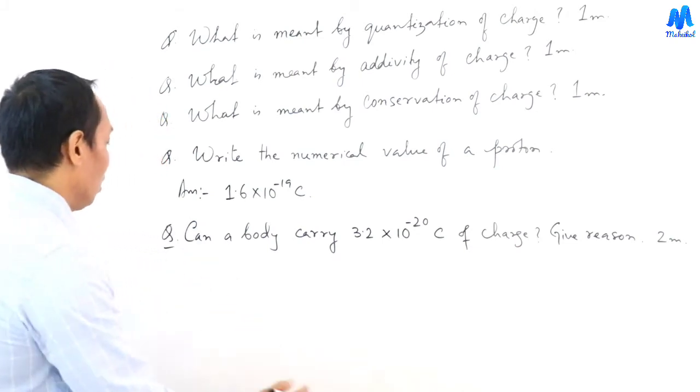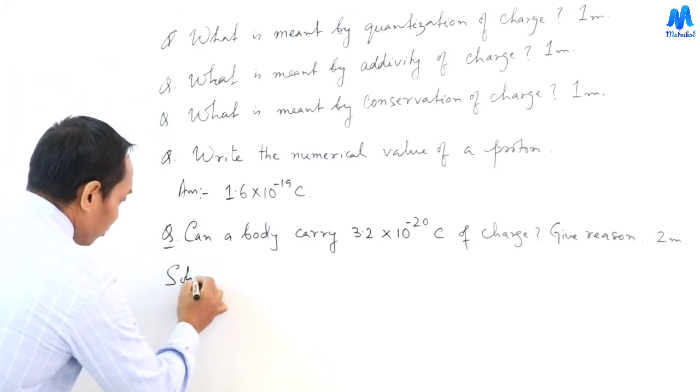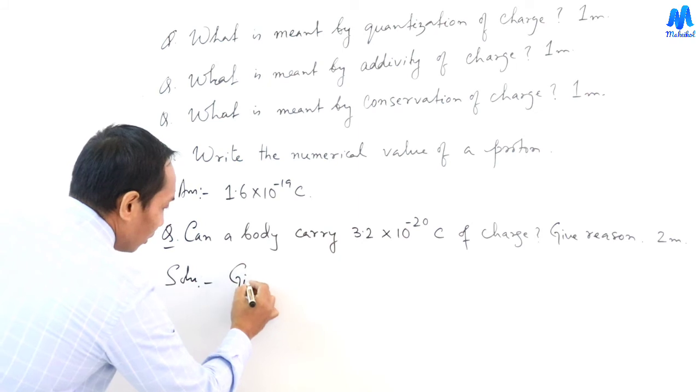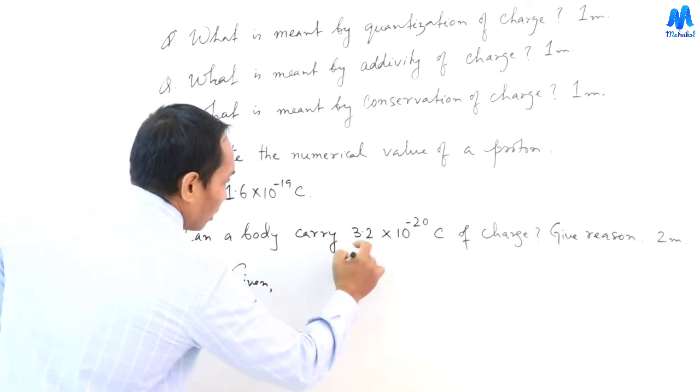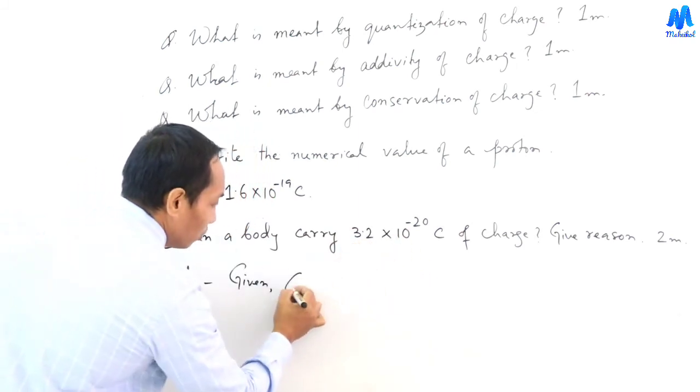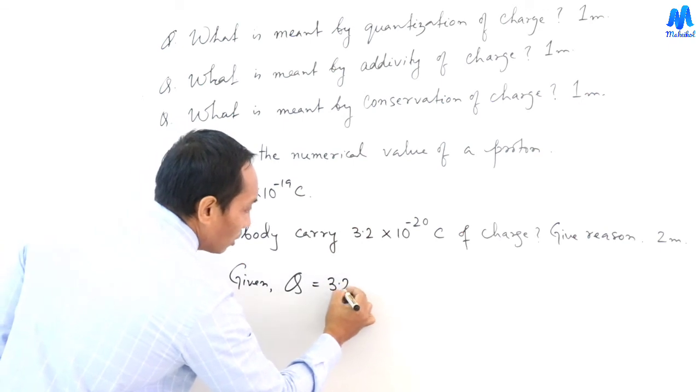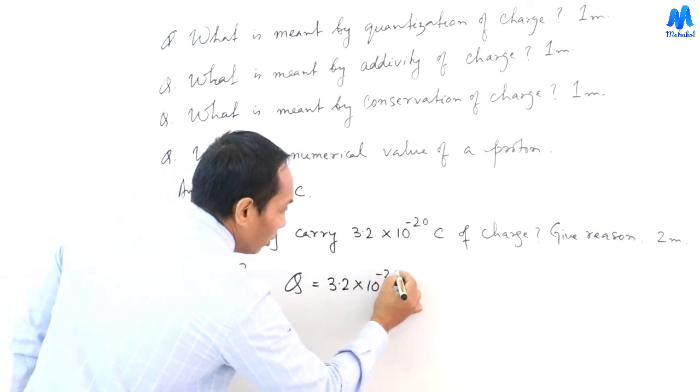So let's see the solution. Given total charge q, which represents the total charge of the body, is 3.2 into 10 to the power minus 20 coulomb.